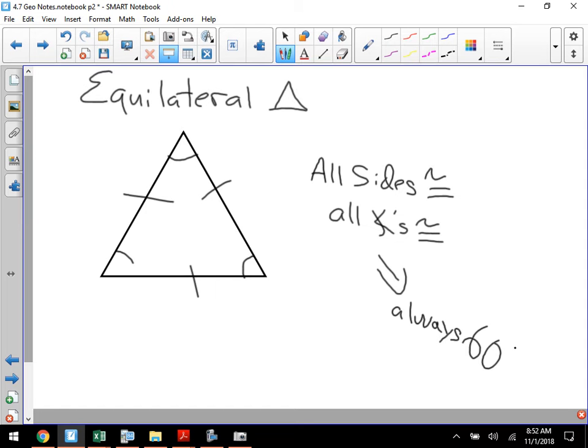When you label the equilateral triangle, it does not matter. If you have an equilateral triangle ABC, that just means that all sides are the same and all the angles are the same. It does not have a vertex angle to worry about. There is nothing to worry about with that.